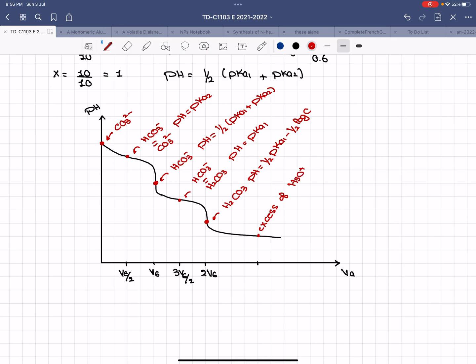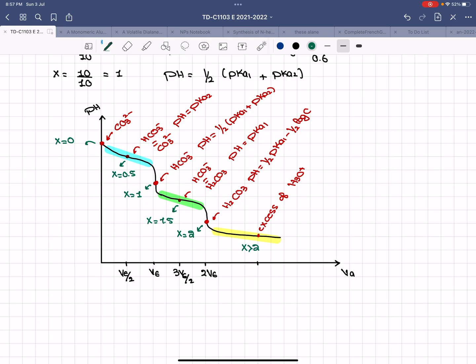Okay, remember X between 0 and 1, X between 1 and 2, X greater than 2. Understood? Let's also put the X's: X equals 0, X equals 0.5, X equals 1, X equals 1.5, X equals 2, X greater than 2.